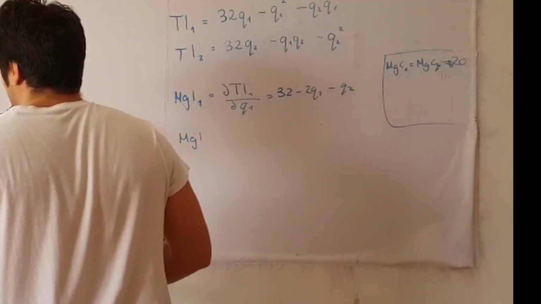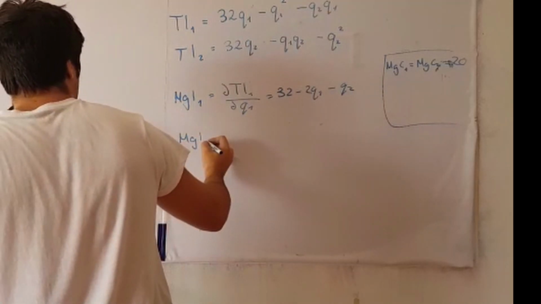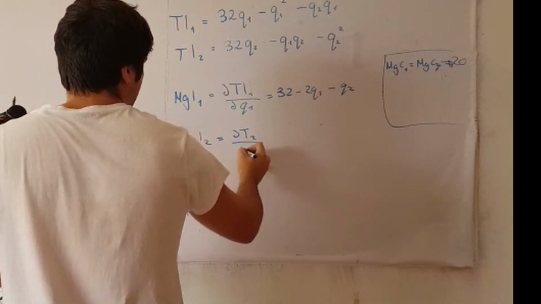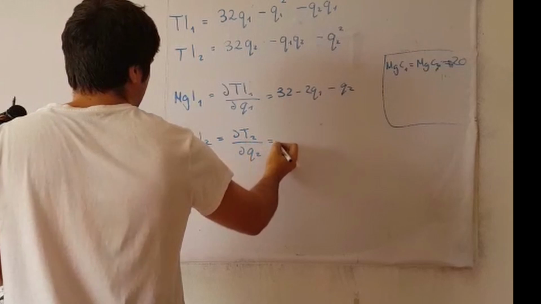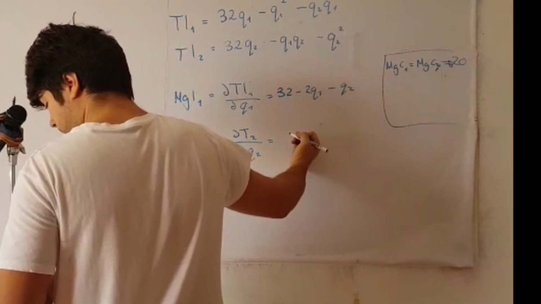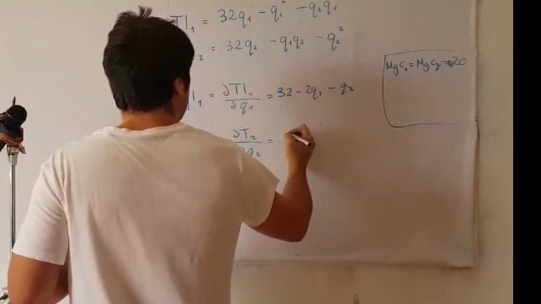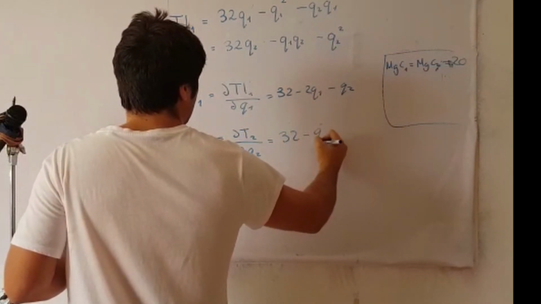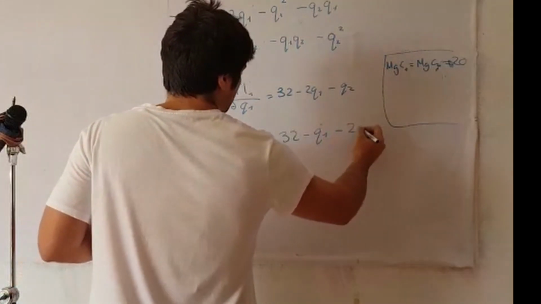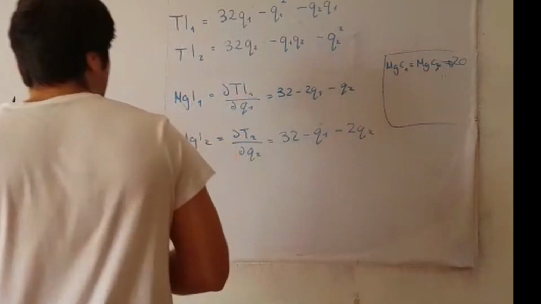Just do the same with the second one. So marginal income 2.